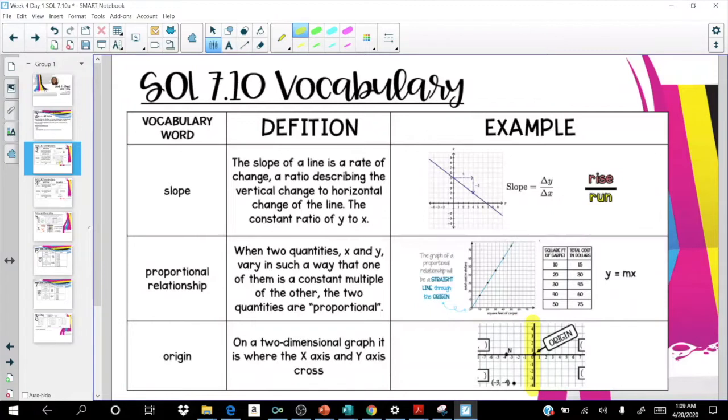You have a horizontal axis, which is your x-axis, and where those two meet is called your origin. Okay? And that represents the ordered pair of 0, 0.